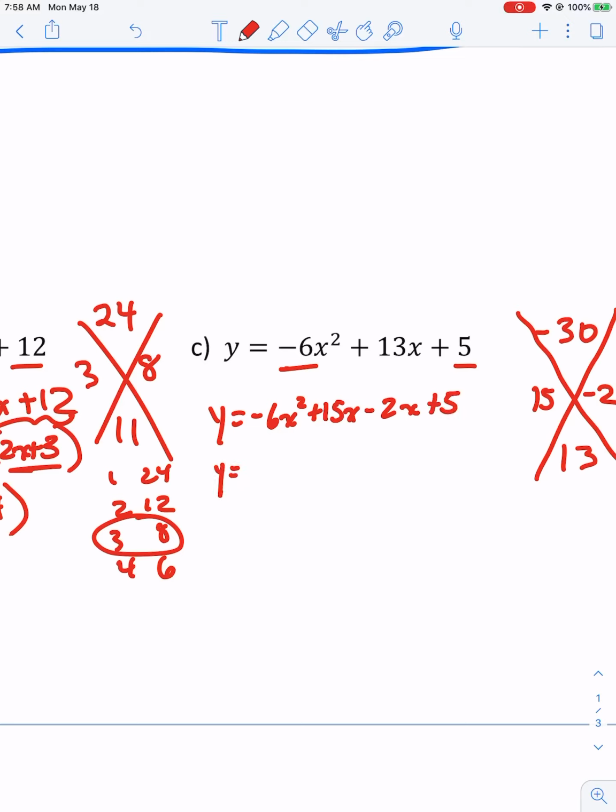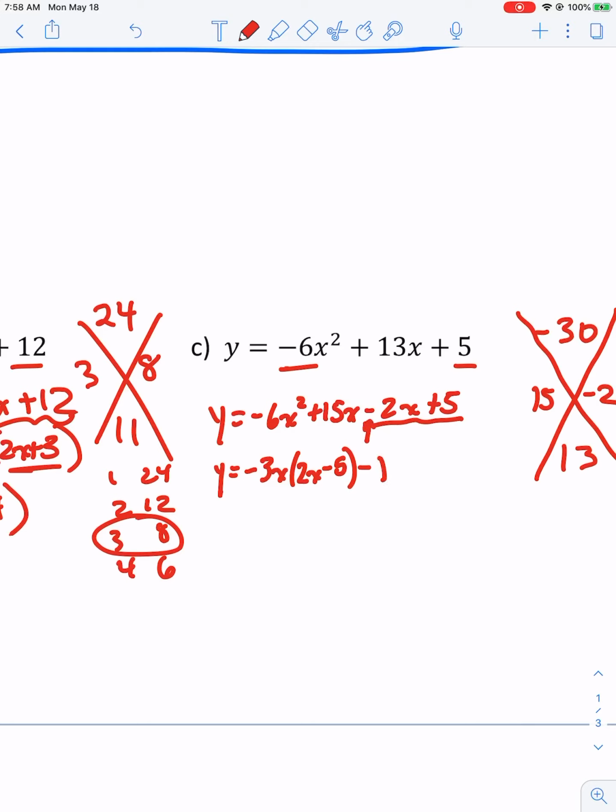When you factor this, make sure when you common factor you take out that negative. You should always common factor out the negative. So that's a minus 3x, leaves us with a 2x minus 5, because when you divide 15 by negative 3, that is a minus 5. And then for these two, they have nothing in common, but we're going to put a minus 1.